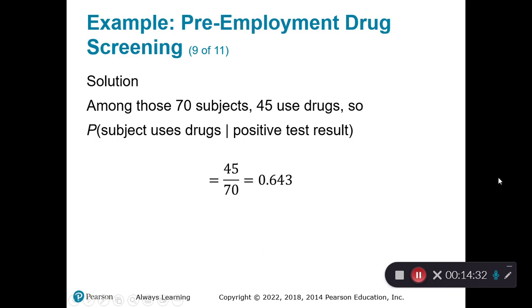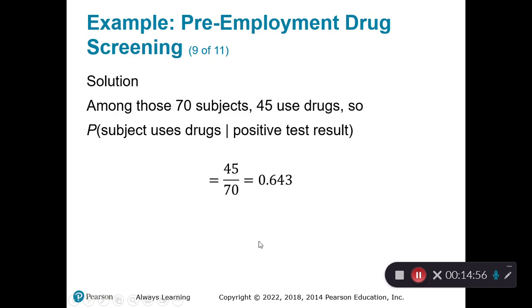All right, let's look at part B of the problem, where we're finding the probability that a randomly selected subject is a drug user, given that we already know the person has tested positive. Well, the denominator, again, should include the total number of people who tested positive.